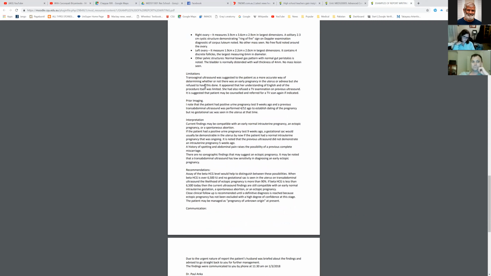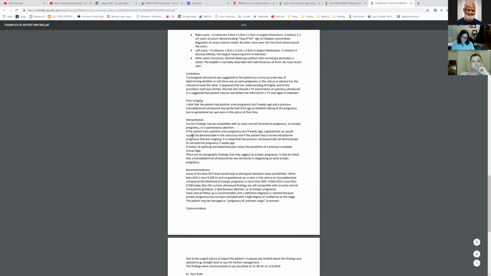Interpretation of these findings. Now here is your clinical interpretation of all that. Current findings may be compatible with all 3 things. If the patient had a positive pregnancy test 9 weeks ago, a gestational sac would usually be demonstrated in the uterus by now if the patient had a normal intrauterine pregnancy that was ongoing.